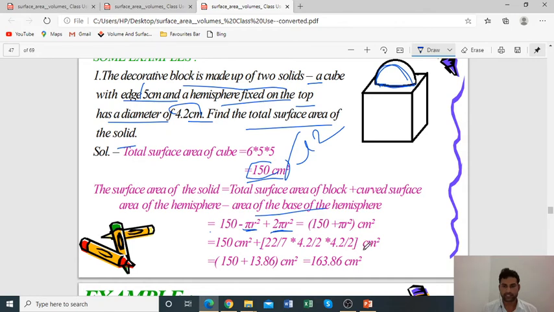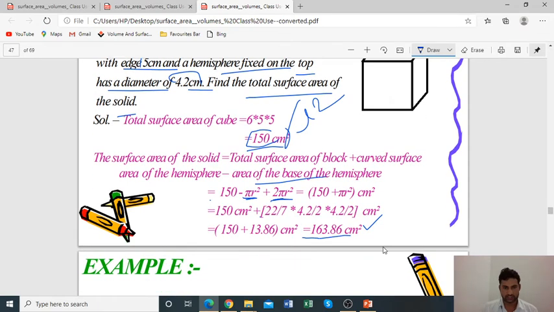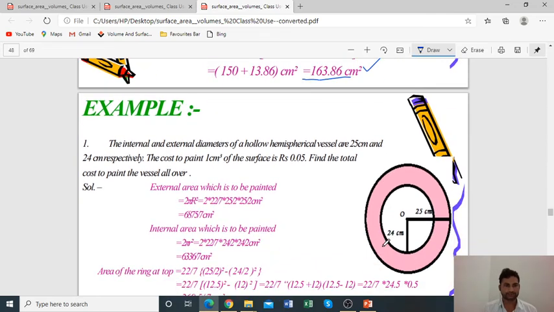So 150 plus 13.86 square centimeters, so the total decorative block area is 163.86 square centimeters. Okay, next example.